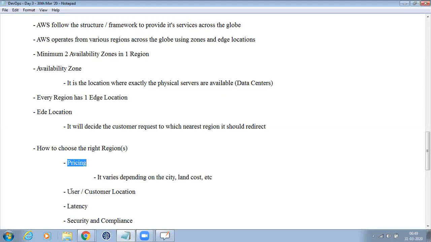And I have to see where most of my customers are located. Next, I have to see how my application will perform if the customers are accessing from a remote location across the globe. I have to calculate that. I have to make an estimate on that.